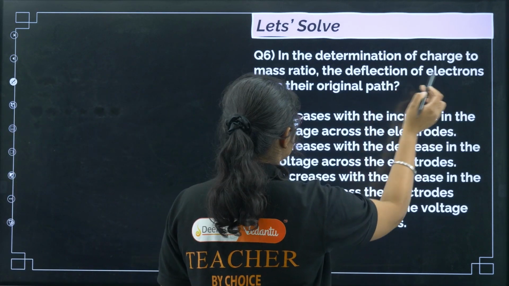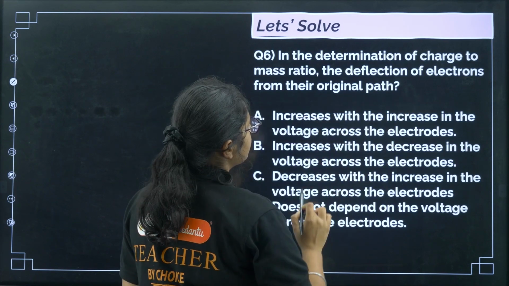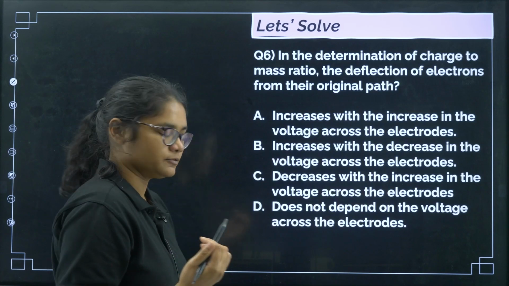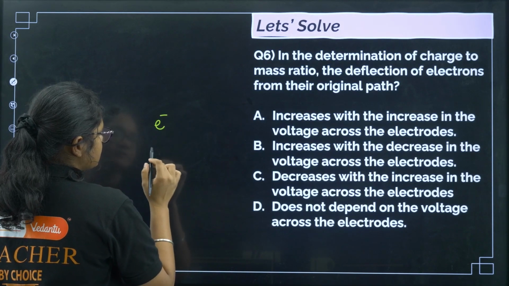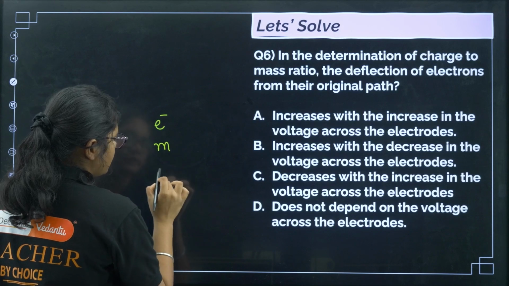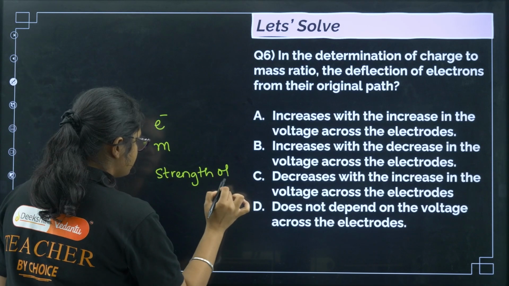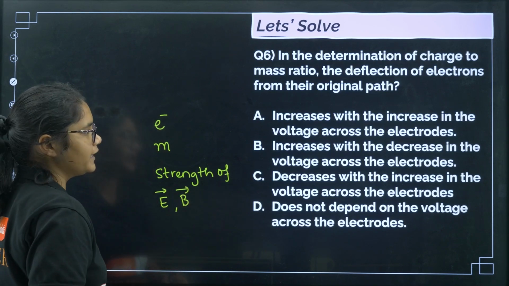Next, in the determination of charge to mass ratio, the deflection of electrons from their original path. So the deflection depends on what factor? We have discussed that deflection depends on the charge, next it depends on the mass, and next it depends on the strength of electric field and magnetic field, right?